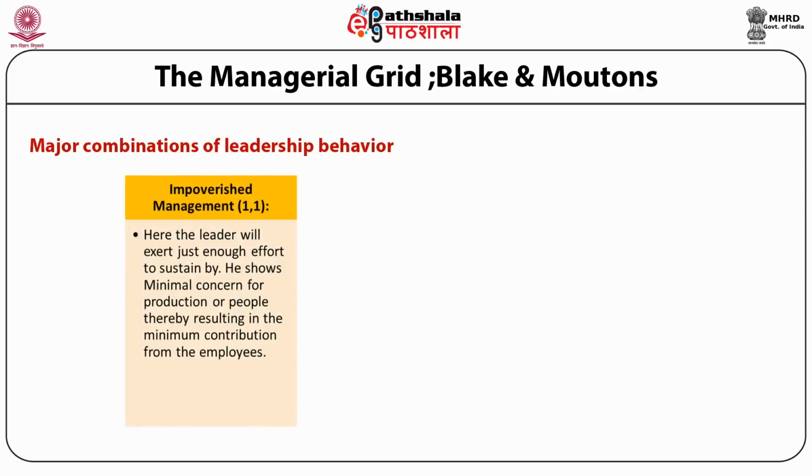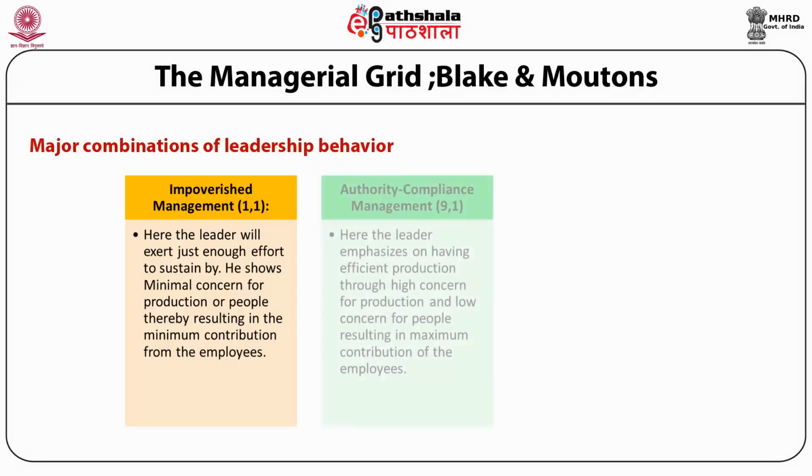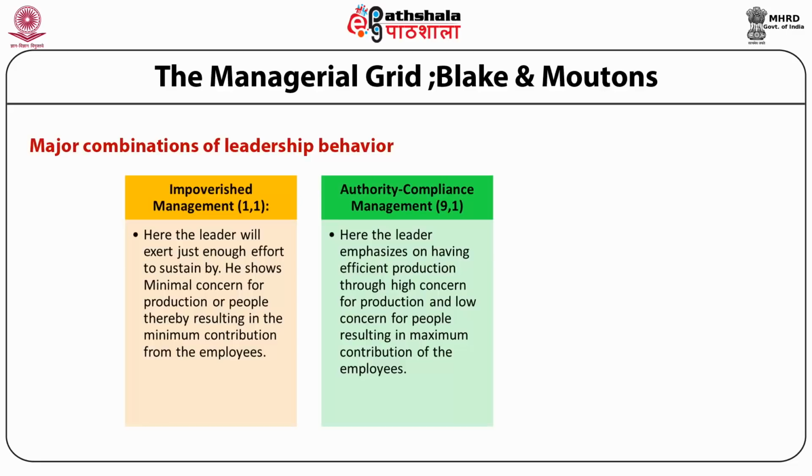In impoverished management, the leader will exert just enough effort to get by. He shows minimal concern for production or people, thereby resulting in the minimum contribution from the employees. In the authority compliance management, the leader emphasizes having efficient production through high concern for production and low concern for people, resulting in maximum contribution of the employees.